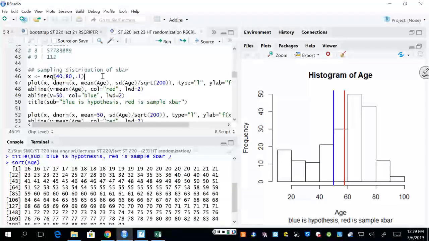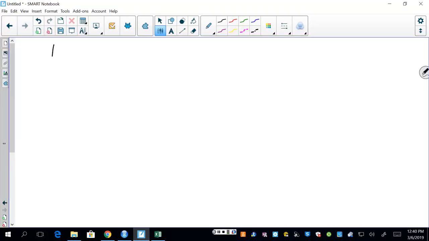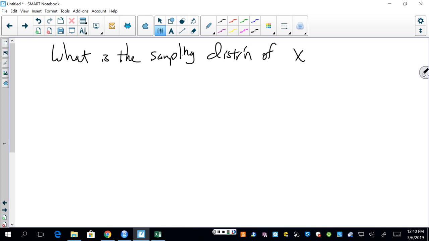What's the sampling distribution of X bar? What should it be? Now we know from some probability theory, the stuff we do with confidence intervals, X bar is approximately normal by the central limit theorem.